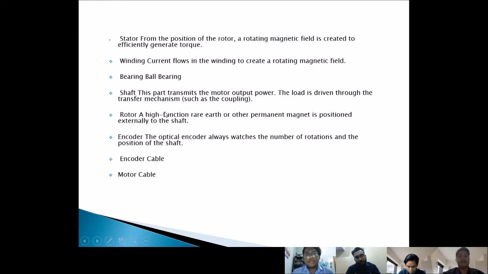Next, the shaft transmits the motor output power. The load is driven through the transfer mechanism, such as the coupling. Next, the rotor: a high-performance rare earth or other permanent magnet is positioned externally to the shaft. The optical encoder always watches the number of rotations and the position of the shaft. Next, there are two cables, the encoder cable and the motor cable.